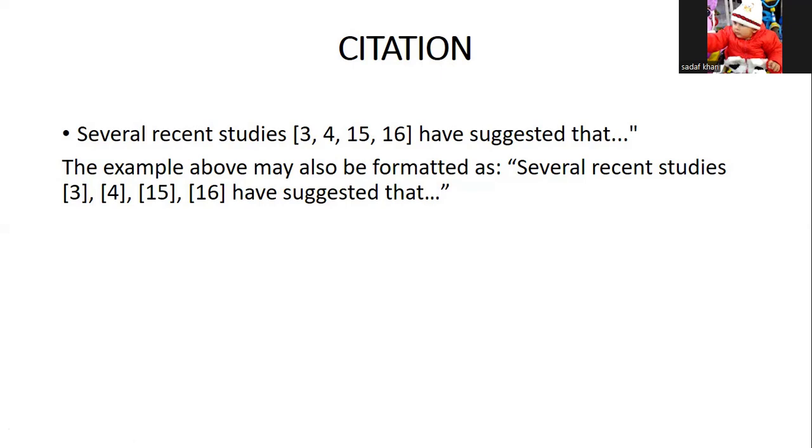So there are two possibilities to mention your citations, if you have more than one article which you want to cite because you have found one idea in multiple references that is the same.